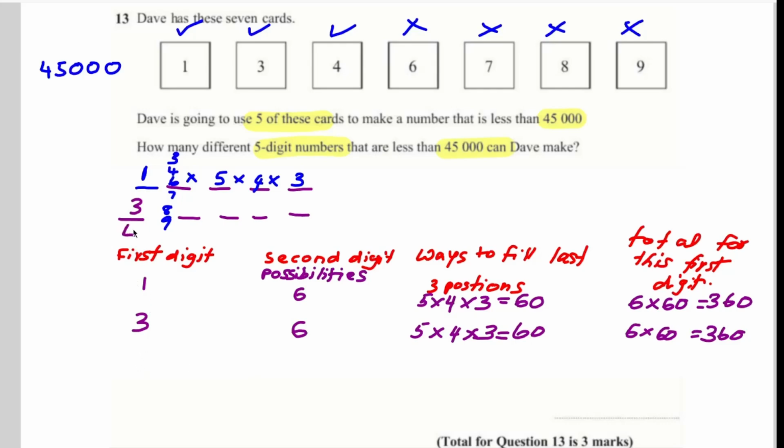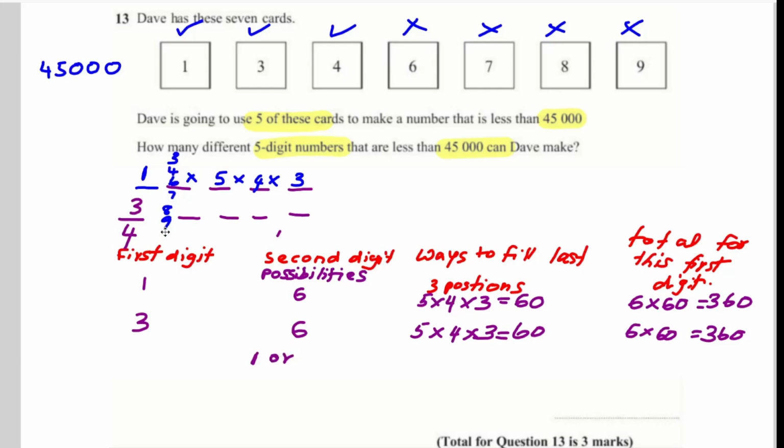When picking 4, you have to be careful, because you can't pick every digit here. Can you pick every digit here? No, you can't, because the number should be less than 45,000. You can pick 1. Yes, you can pick digit 1. So in this case, rather than possibilities, I'm writing the digit here, 1.